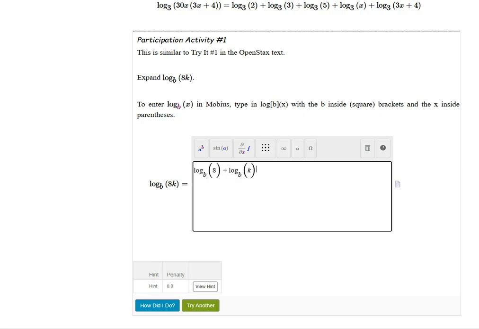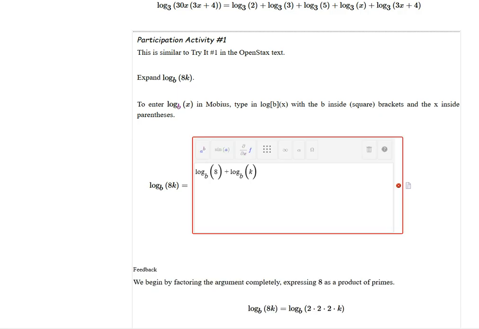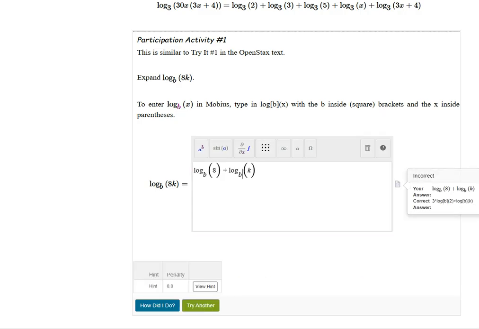And how did I do? Mobius says: enter log base b of x. Type log base b x with the b inside square brackets and the x inside the parentheses. Okay, I'm guessing it didn't like the fact that I changed this b, because when I look up here, see how that b is in purple? It didn't like it for some reason.